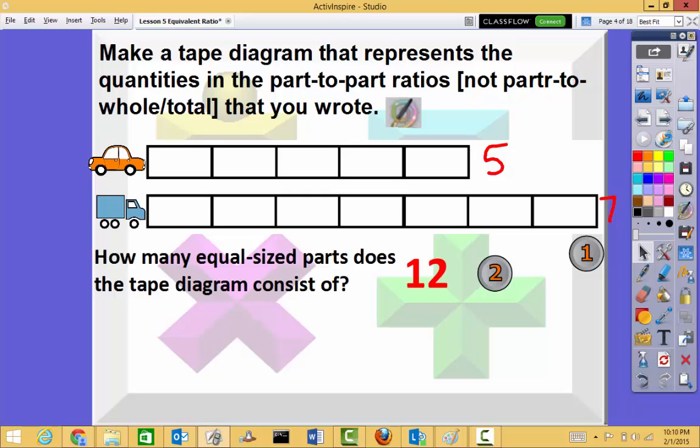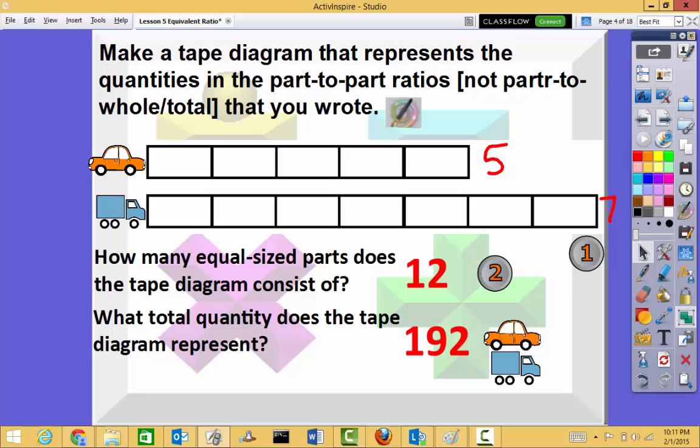Now, think of this. How many equal-sized parts does the tape diagram consist of? Well, it's 12. I have 1, 2, 3, 4, 5 for the car, 6, 7, 8, 9, 10, 11, 12. So my tape diagram is 12 equal parts. So what's the total quantity that the tape diagram represents?